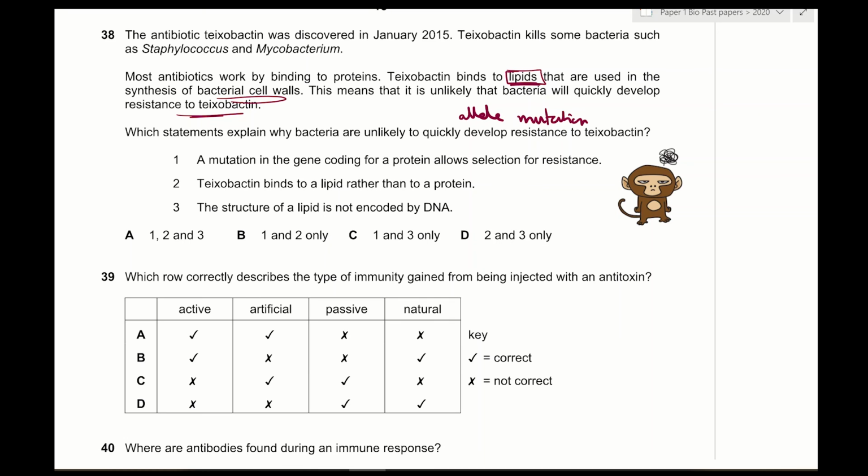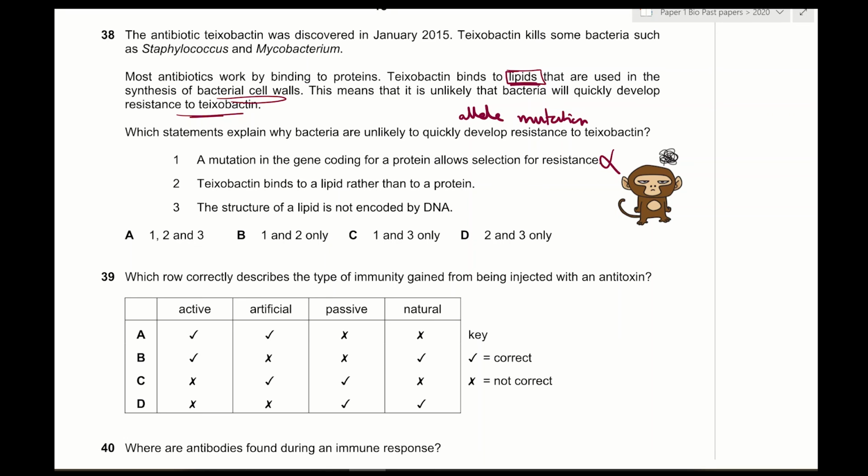So, a mutation or change in genes does not mean that it would form resistance to lipids also, because I've just made it clear that lipids are not coded for by genes at all. They are formed by metabolic pathways. Now, a mutation in the gene coding for a protein allows selection for resistance. I just mentioned that this is incorrect.